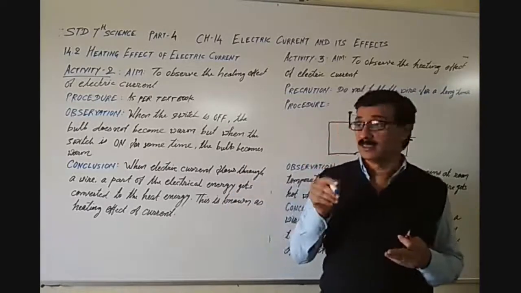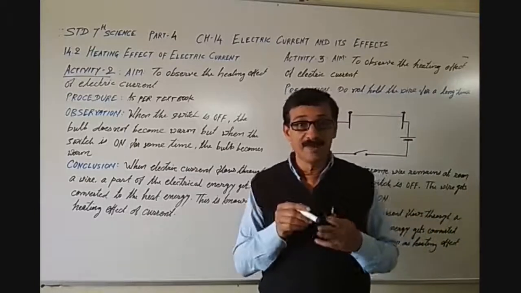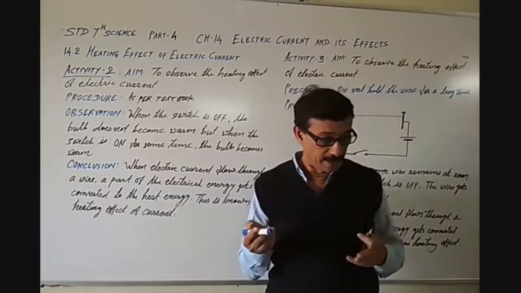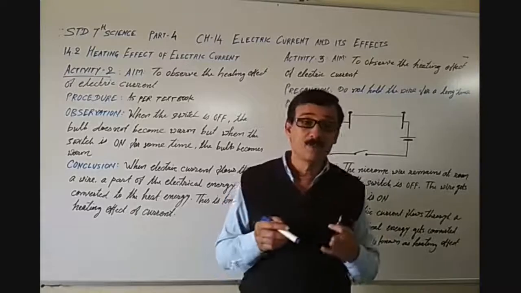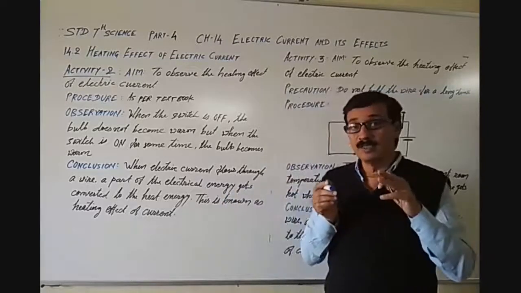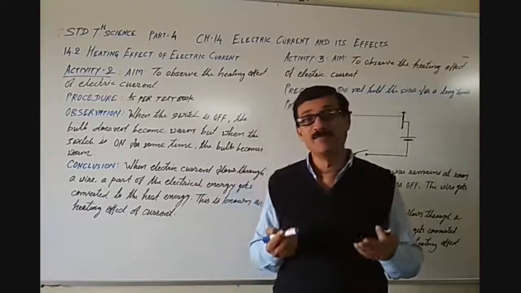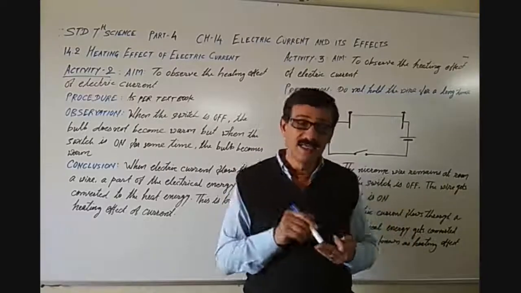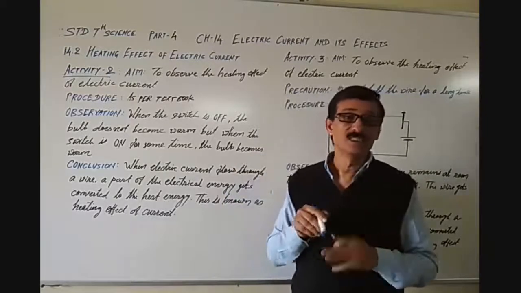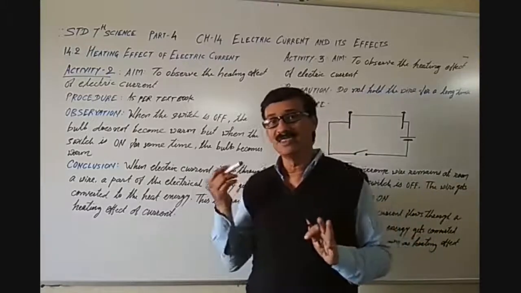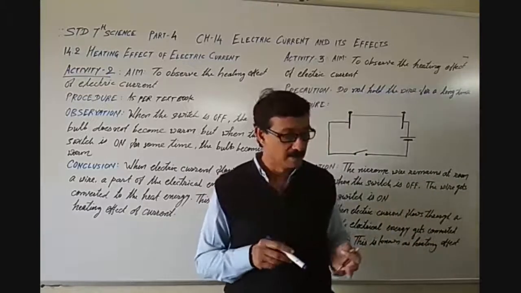And if the filament is broken, then also the circuit will not be complete, and hence that lamp will not glow. At that time also we can say the circuit is open. That is what we discussed in the last part.